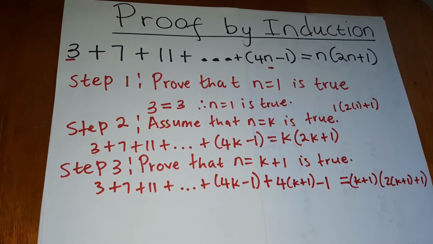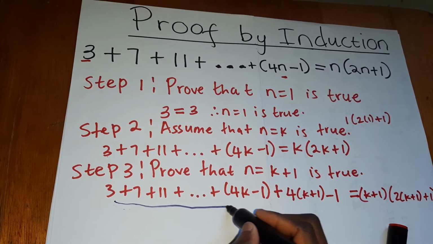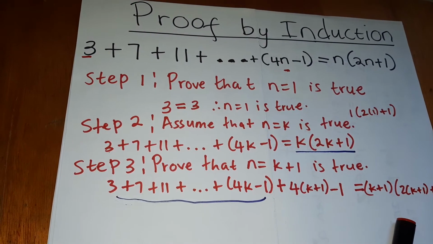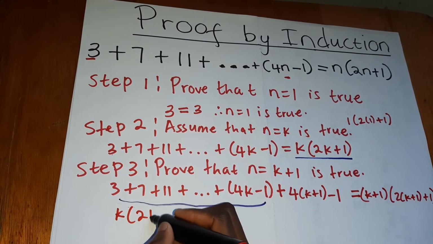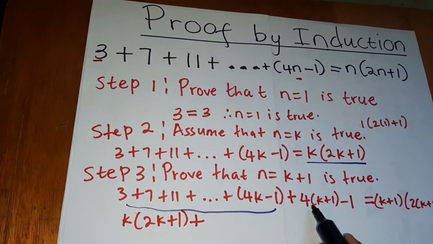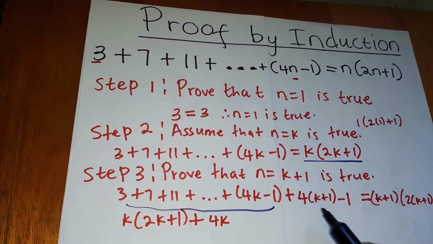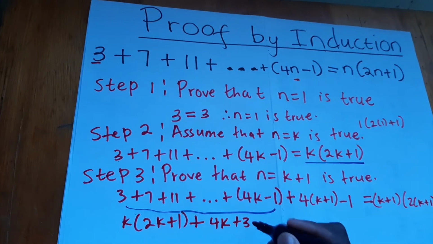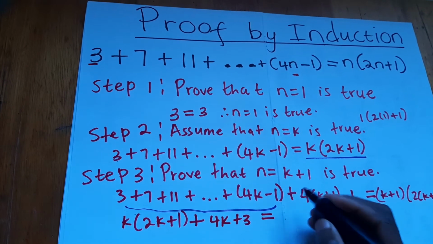From here, we already know that this whole part is equal to k multiplying 2k plus 1. So we will replace this with k multiplying 2k plus 1 and say plus 4 multiplying k plus 1 minus 1. Now we will simplify. It will be 4k. 4 times 1 is 4, minus 1 is 3. So you will have plus 3 is equal to, and in this case you also need to simplify.